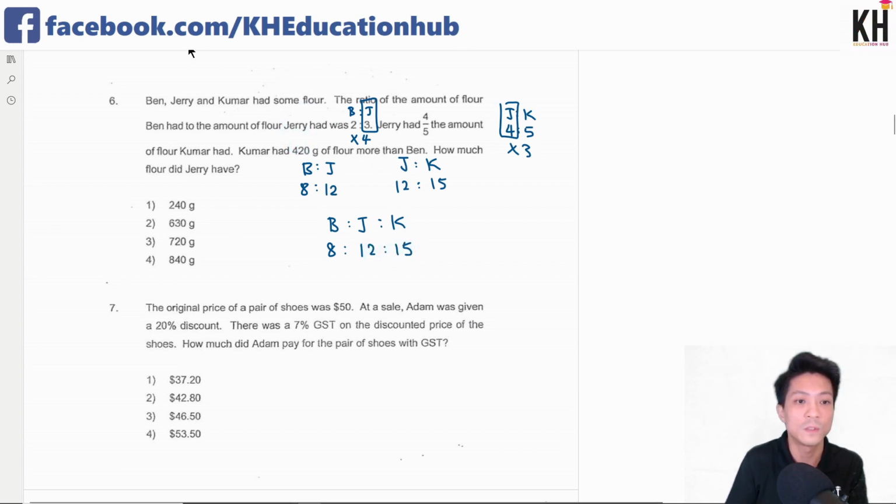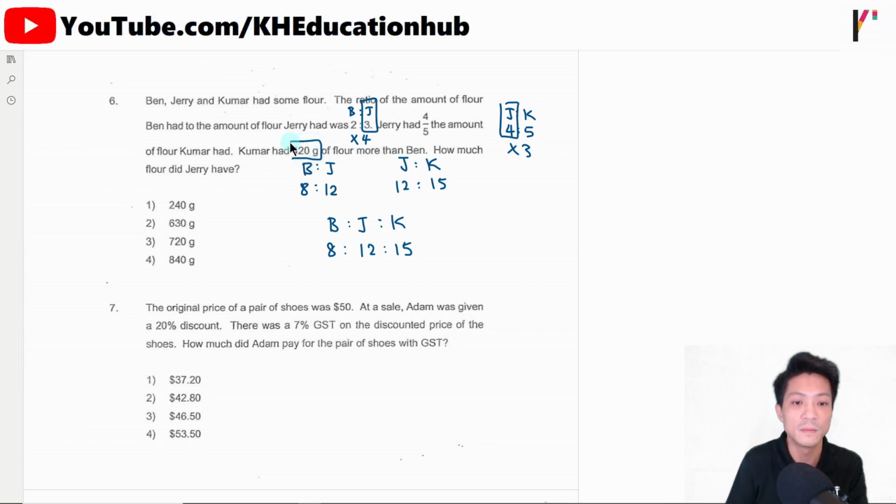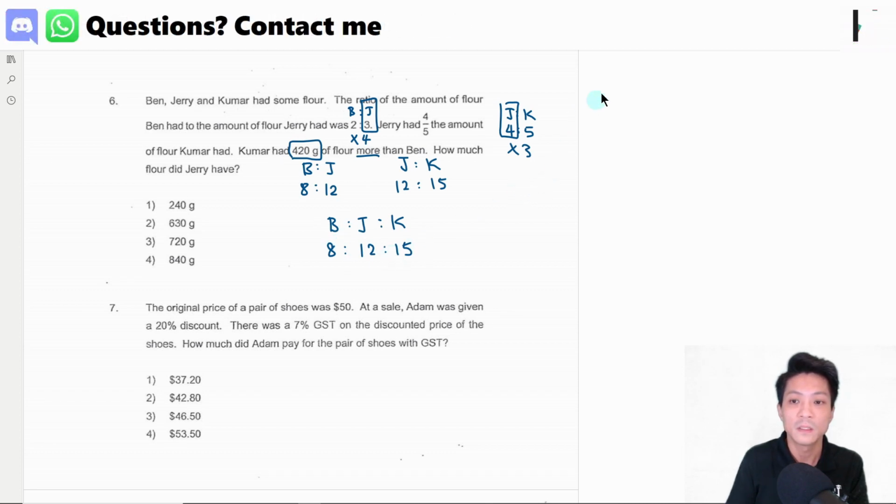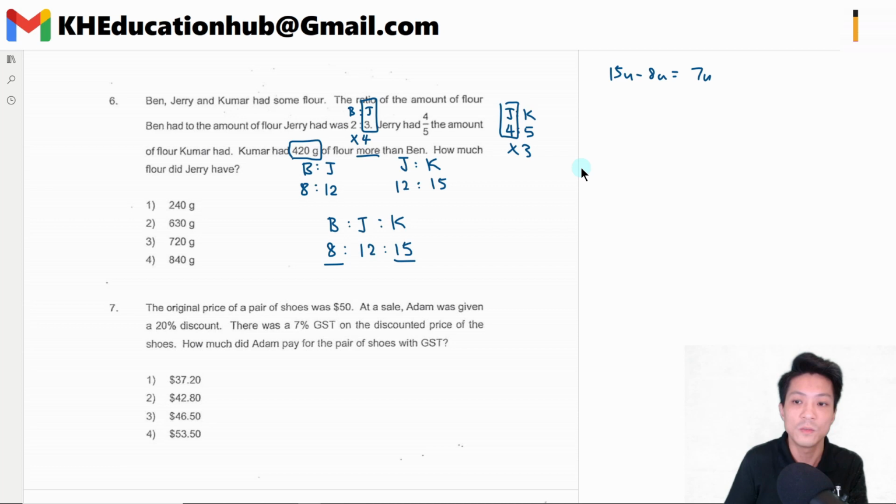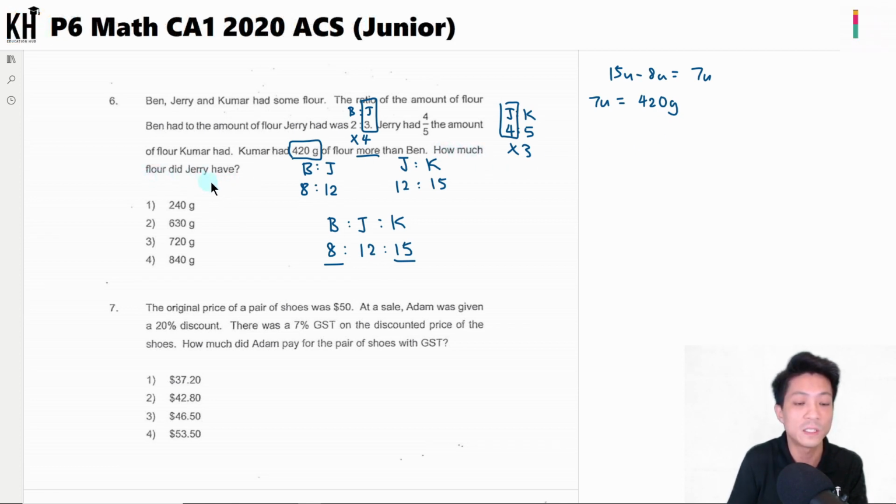Now we know that Kuma had 420 grams of flour more than Ben. So if we look at Kuma and Ben, 15 units minus 8 units will be equal to 7 units. The 15 units is from here and the 8 units from here. So 7 units will be equal to 420 grams. The question is asking how much flour did Jerry have?